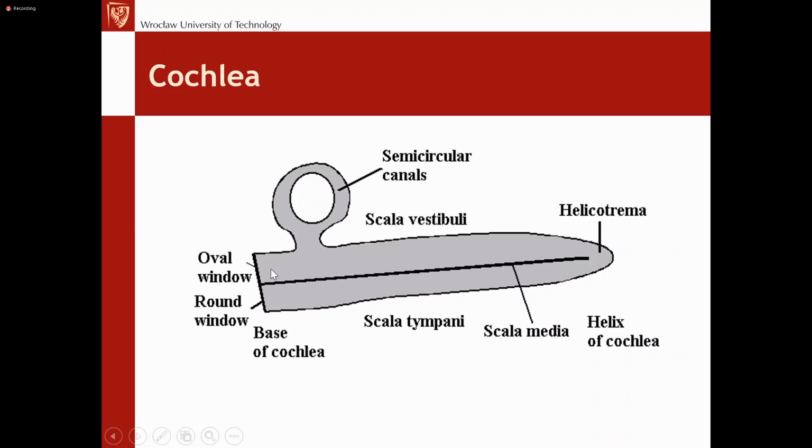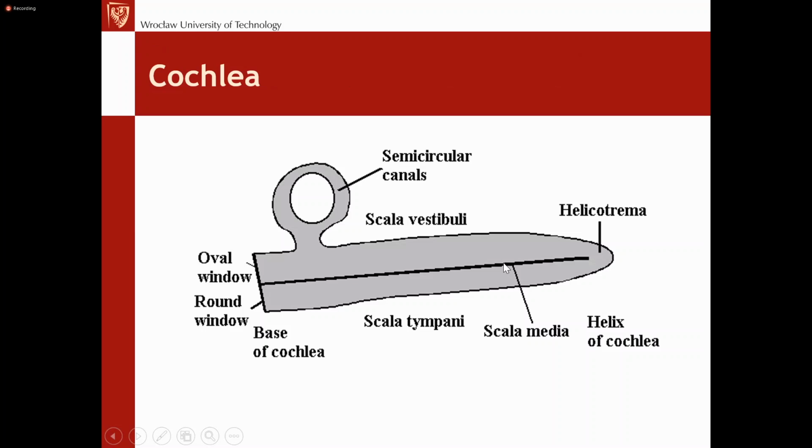From the scala vestibuli, the vibration goes through this gap, which is called the helicotrema, and we also have the scala tympani, and in the middle of the cochlea we can find the scala media.